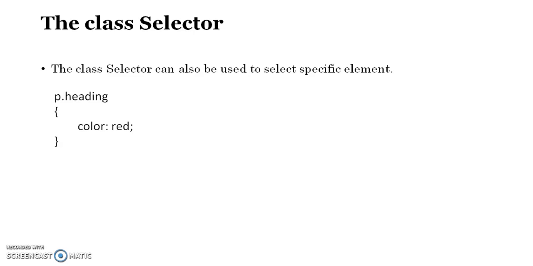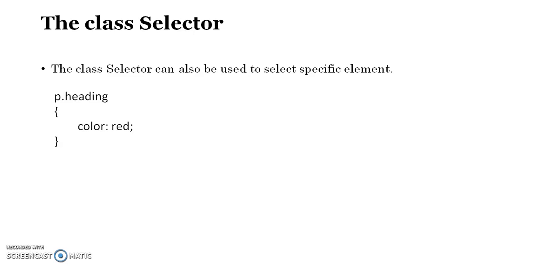Now if you want to specifically change the color of only the paragraph having the heading class, then you have to write like this, that is p dot heading. It will only change the color of the paragraph which has the class name heading. It will not change the color of other paragraphs, or even the h1 element which also has the class name heading. So like this, using the element name and the class selector as a combo, you can also change the look of a specific element.